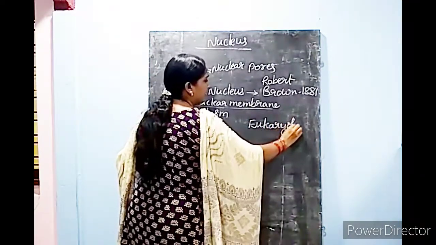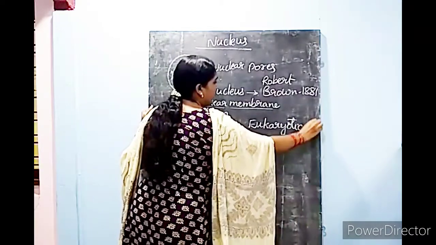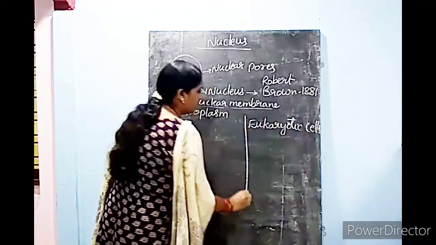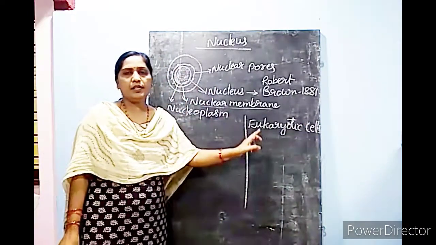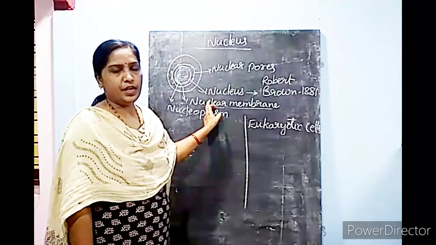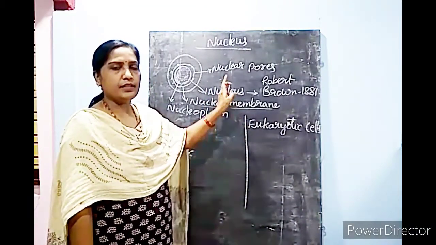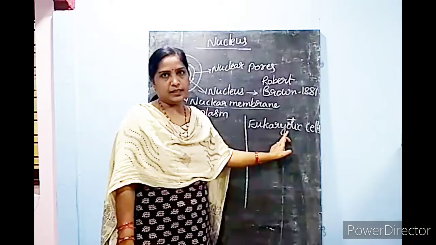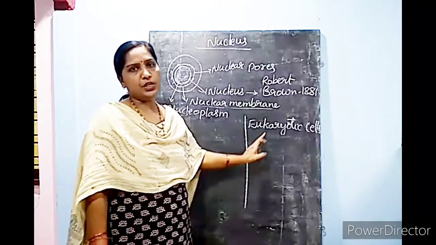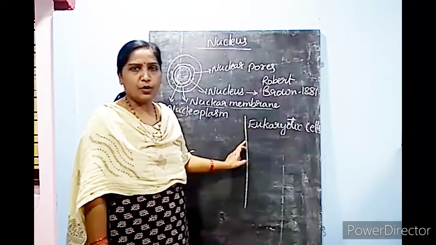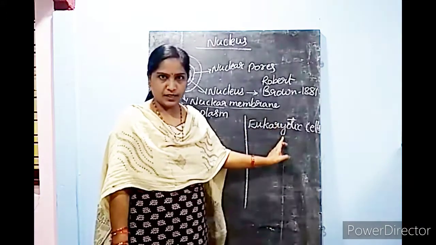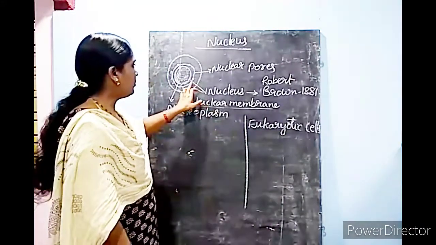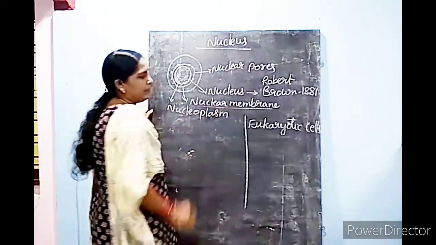Eukaryotic cells: the cells which have the nuclear membrane are known as eukaryotic cells. The organisms which have eukaryotic cells are known as eukaryotic organisms. And some organisms do not have this nuclear membrane.